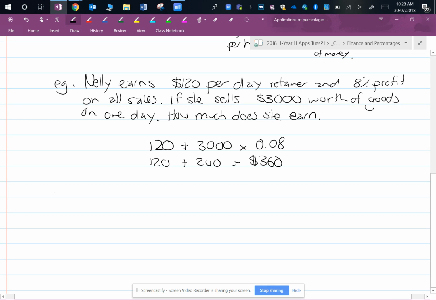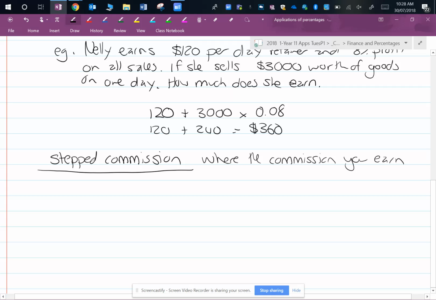Okay, stepped commission is another type of commission, and that's where the commission you earn changes as the amount you sell increases.